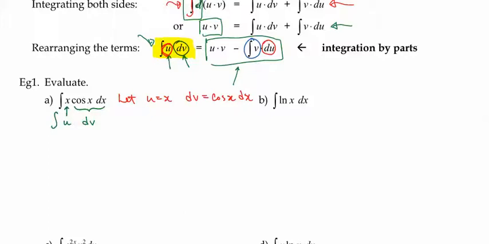And by doing this, we can figure out the du and the v. We can differentiate the u here to get dx, and then as you integrate your dv, as you integrate the left-hand side of this, you will be integrating the right-hand side, turning it into sine x.